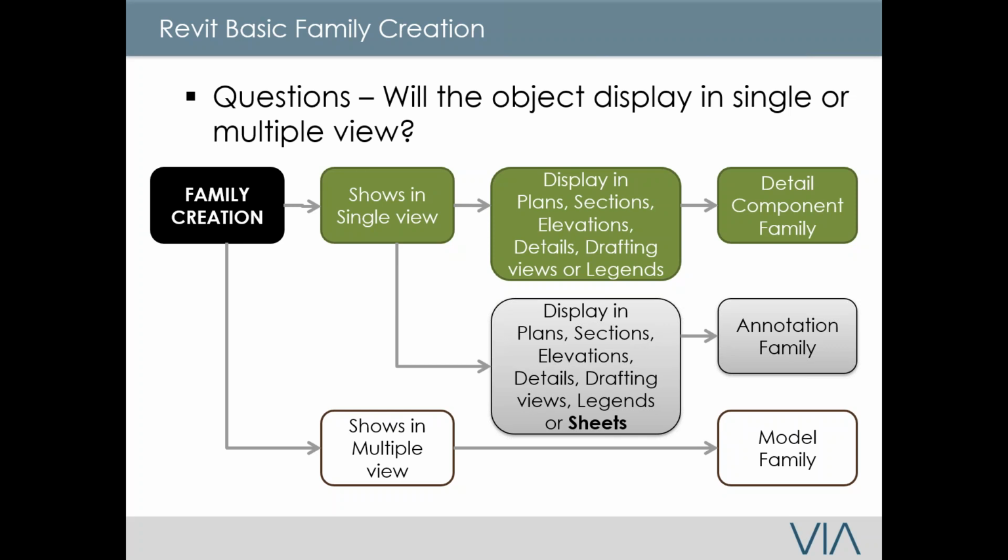I'd recommend using a detail component. But if it's only displaying in plan, section, elevation, detail, drafting view, or sheets, I recommend using an annotation family. But if you want the object to display in multiple views, let's say you want to create an object that shows up everywhere, I always recommend modeling it versus using a single view.